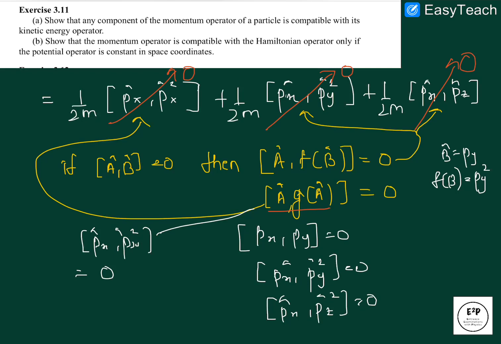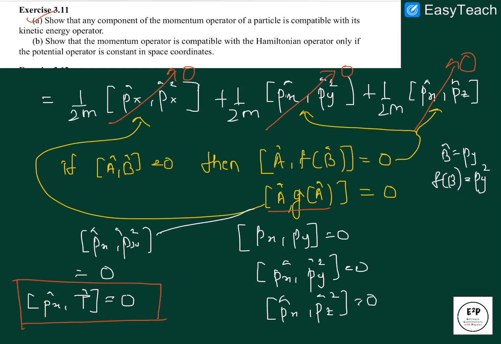Therefore, we are left with px and kinetic energy operator being compatible. So any component of the momentum operator is compatible with the kinetic energy operator. So we have finally arrived at the result. Okay, so we are done with the first question.